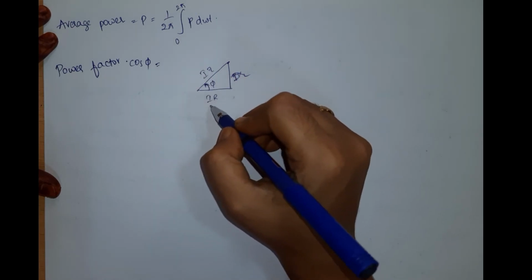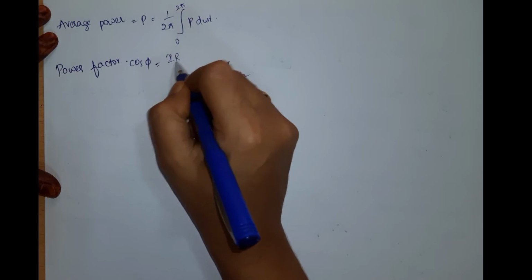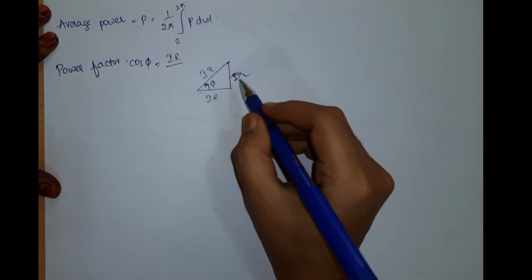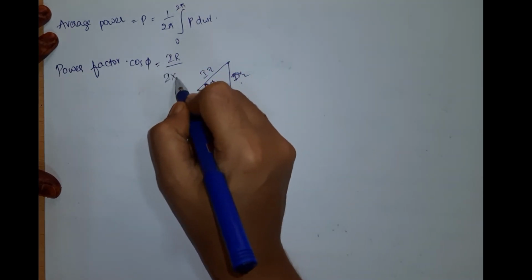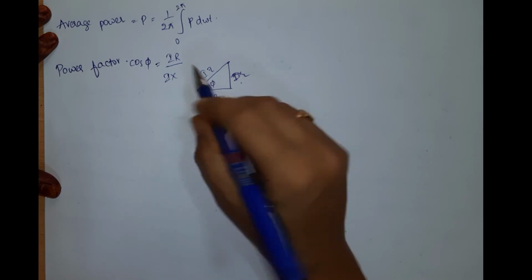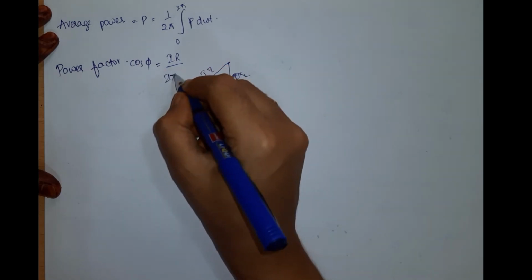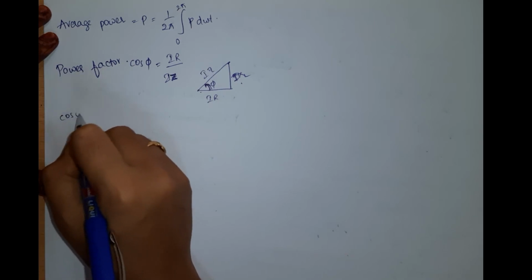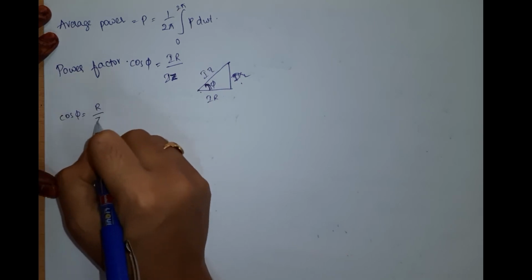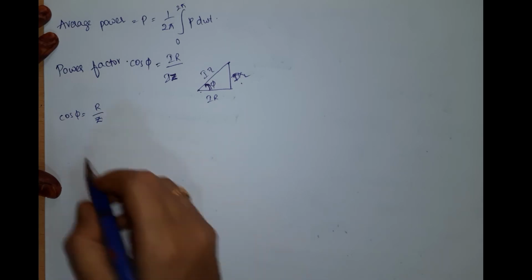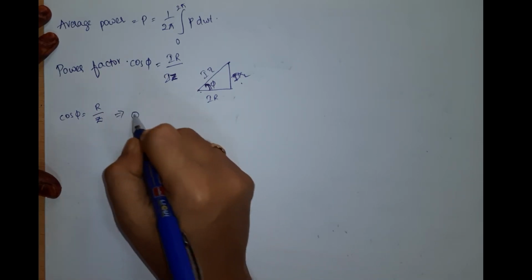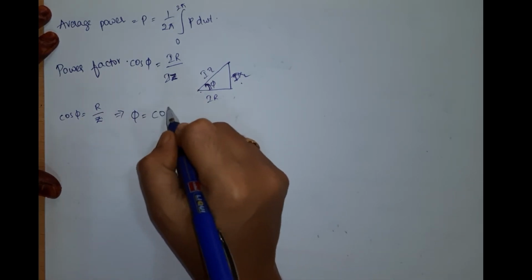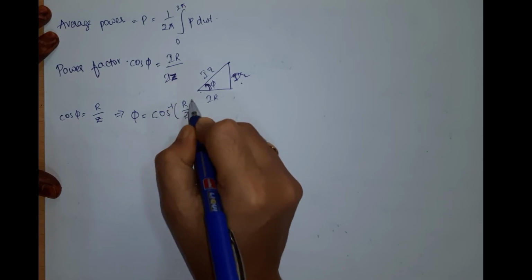Adjacent side, that is IR, over the hypotenuse, which is IZ. So cos phi is equal to R by Z. One more technique of finding the power factor is phi equals cos inverse of R by Z.